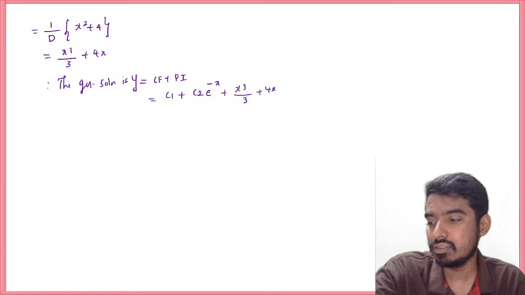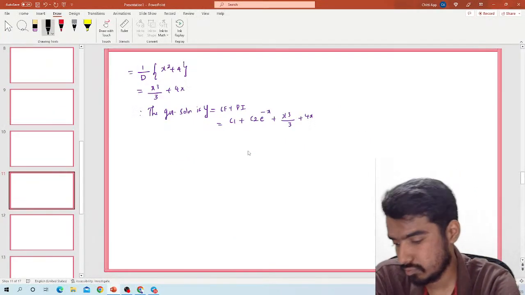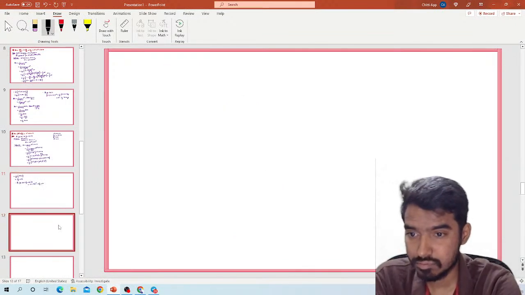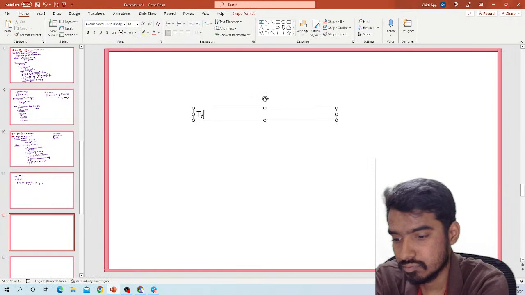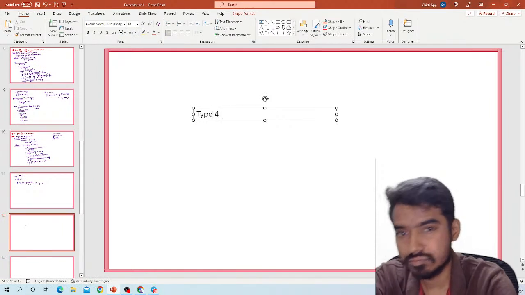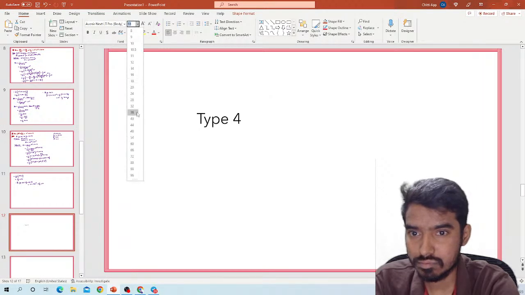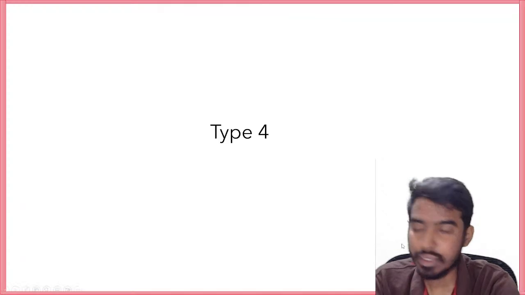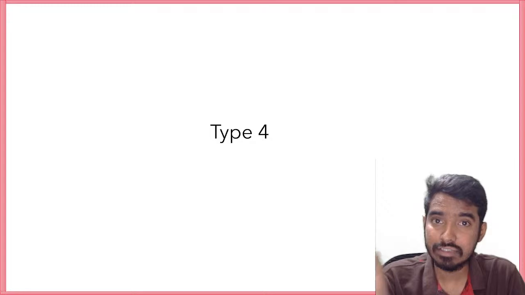So type 4 is, write it down. I'm on type 4. So type 0 is RHS is 0.